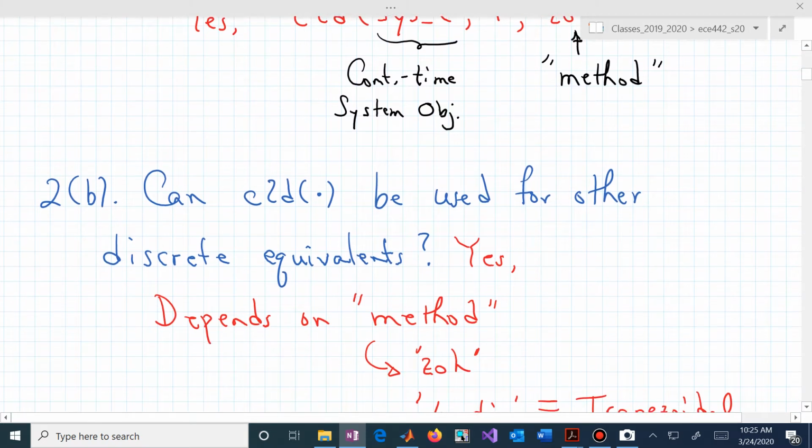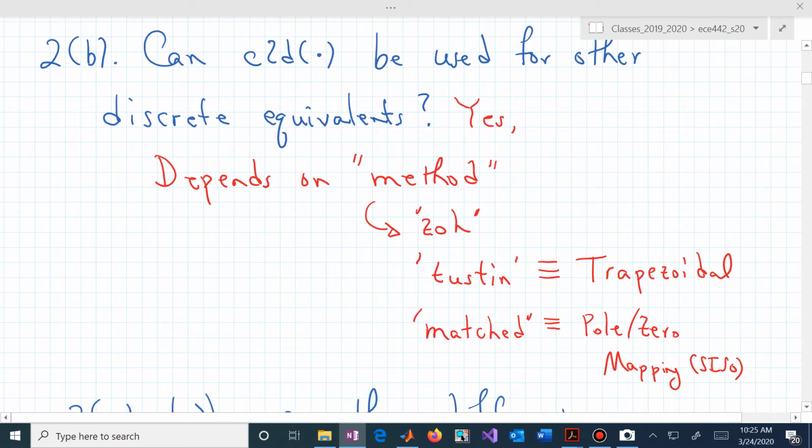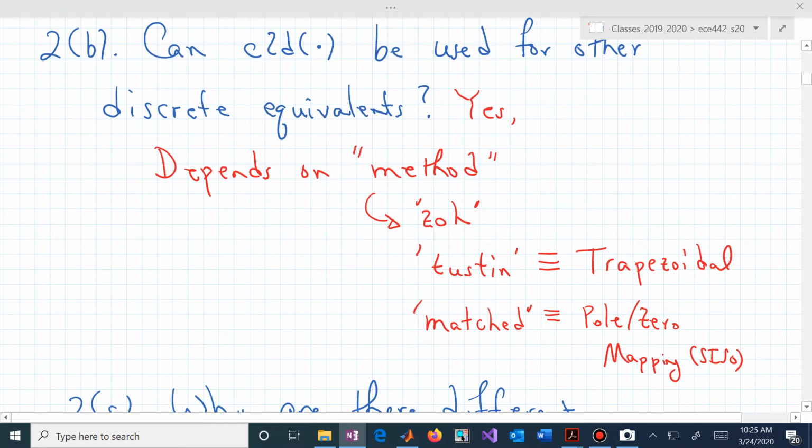A follow-on to that: can this C2D function in MATLAB be used for other discrete equivalents? Quickly, yes. It depends on the method that's used or placed in that third argument. You can have the zero order hold, which is scenario number 2 that we've talked about, or MATLAB does do the trapezoidal.